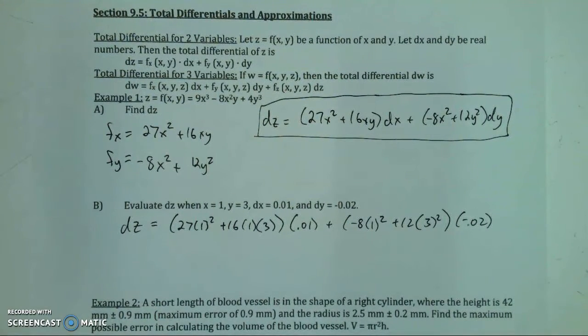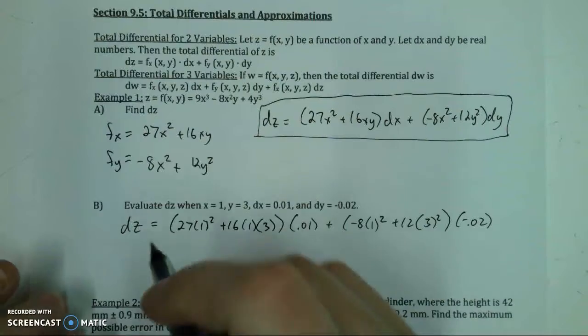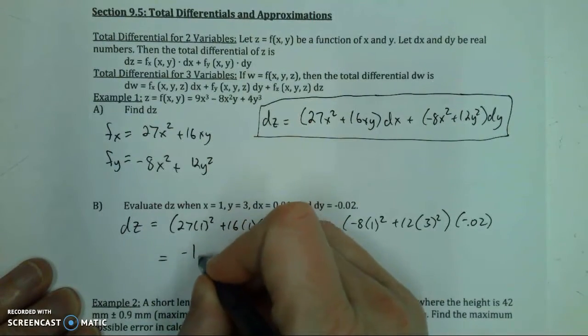Generally, dx and dy are going to be small values. They could be either positive or negative, but again, they will generally be small. And at that point, I'm just going to throw that into my calculator and see what I get out. And I get out negative 1.25.